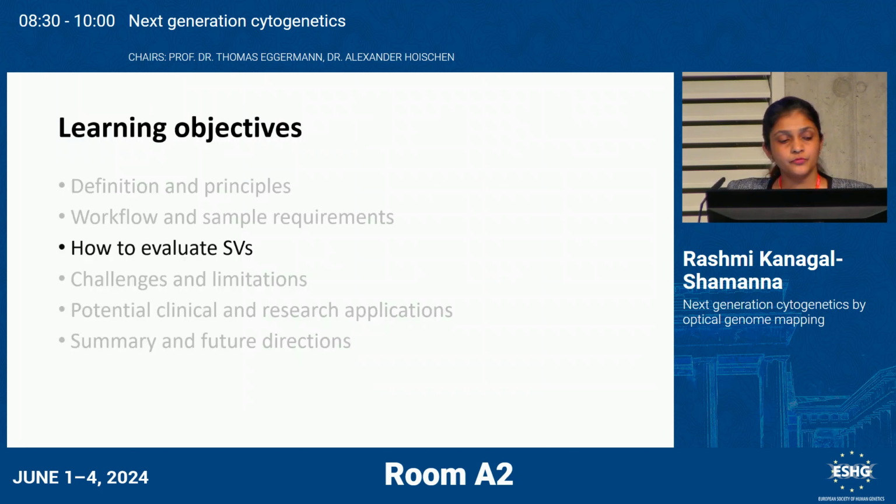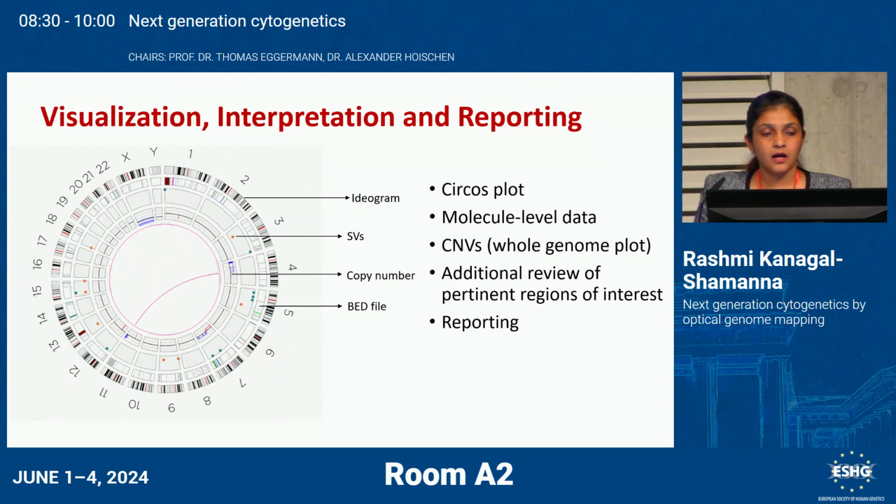So with that, let's move to how we evaluate the SVs detected by the OGM data. Basically you're visualizing the data and generating the clinically meaningful report. The first window to the data would be the circos plot.